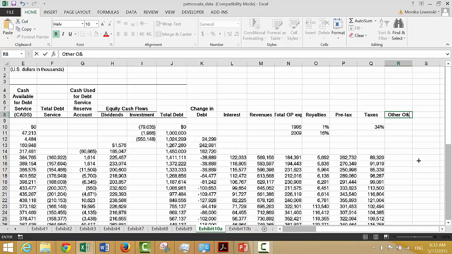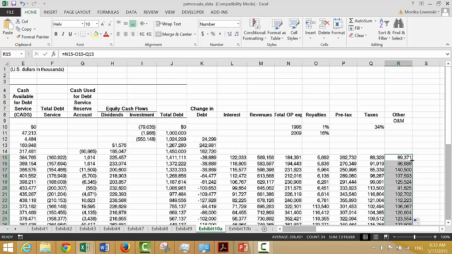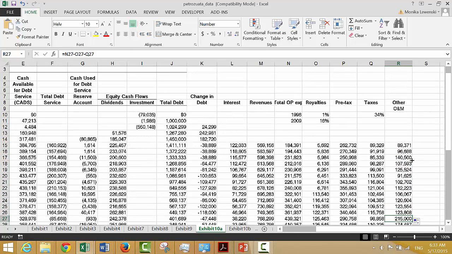Now I'm going to make a very extreme assumption, which is a worst case assumption, that these O&M costs are fixed. So we can take the total operating expense minus the royalties minus the tax and see what kind of other O&M expenses we have.